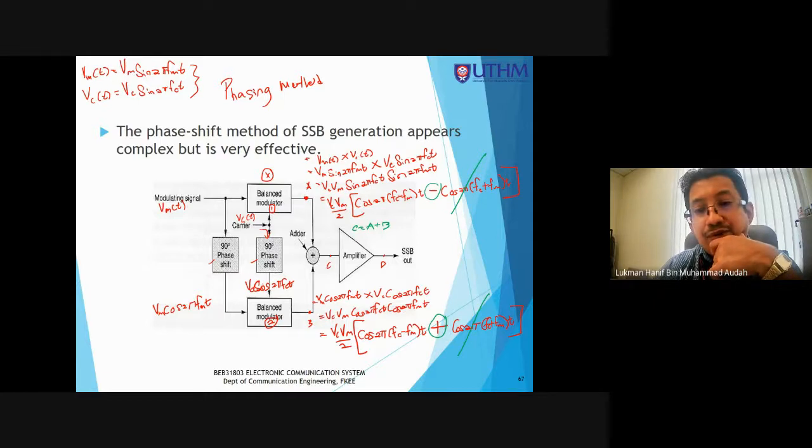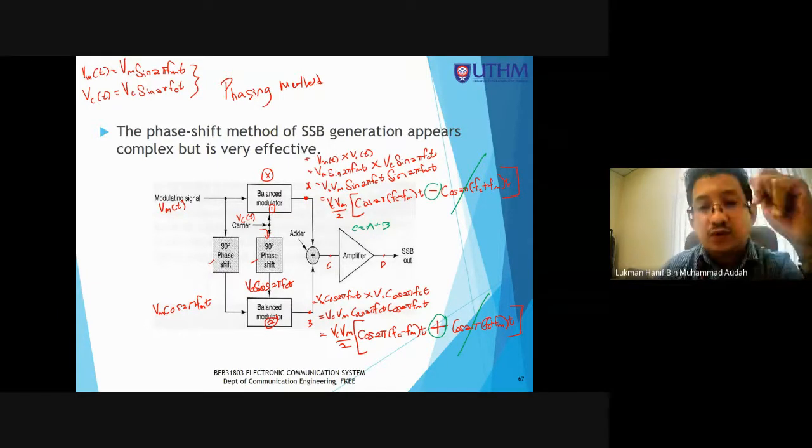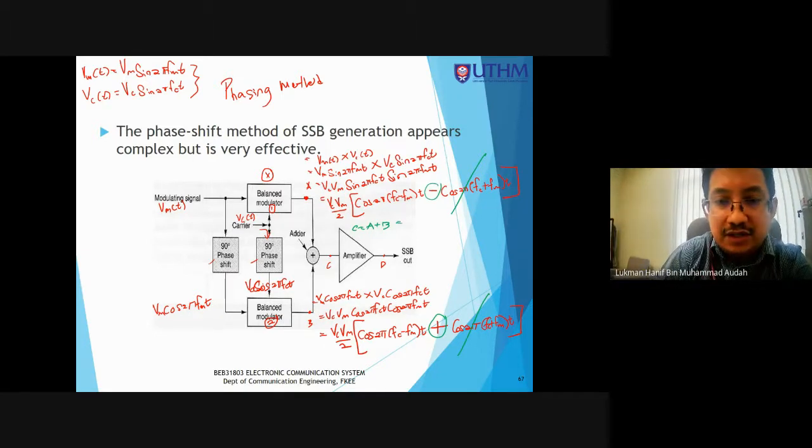So in this example, it will produce a lower sideband. Okay, lower sideband. So Vc Vm over 2 plus Vc Vm over 2. Okay, setengah tambah setengah jadi 1. So bermakna dia akan jadi Vc Vm, okay, and then cos 2 pi (Fc minus Fm) T.